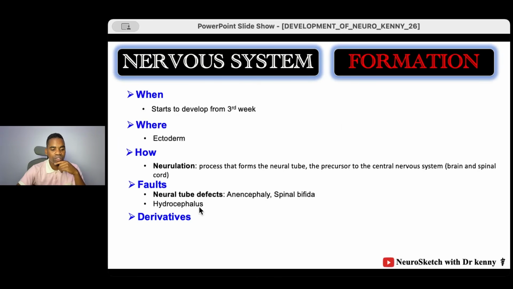The derivatives we've just seen are the brain, but we haven't discussed the spinal cord. So the derivatives of the cranial end of the neural tube are the forebrain, diencephalon, brainstem, and cerebellum. And this is what I had for you.